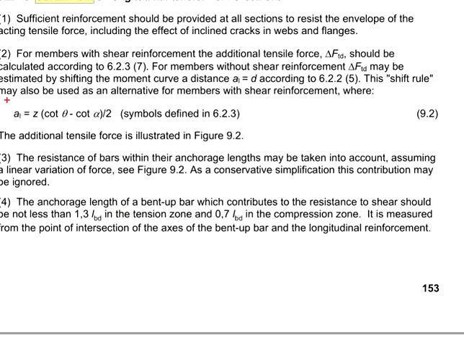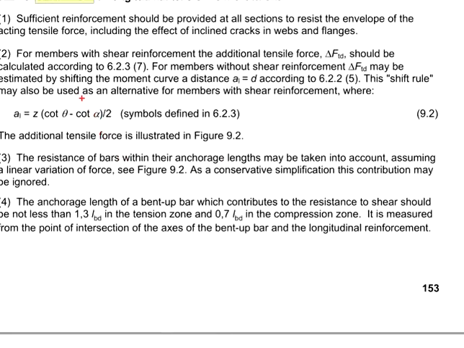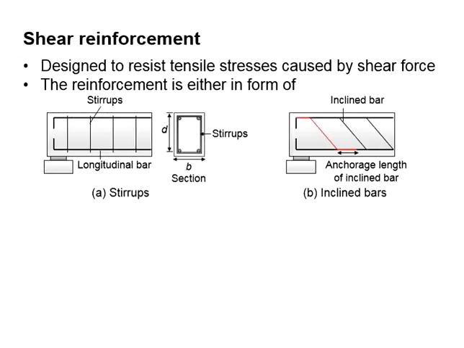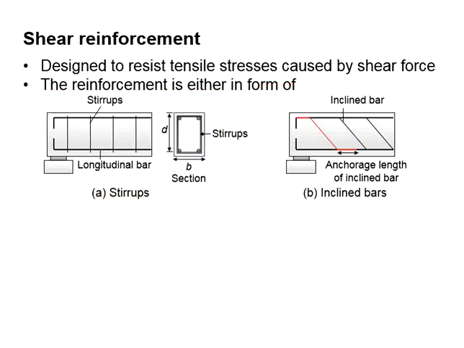The formula for alpha 1 in the Eurocode is more thorough compared to the one that we mentioned previously. It also considers the angle of the shearing. That means this model is applicable for vertical shearing and also inclined shearing.